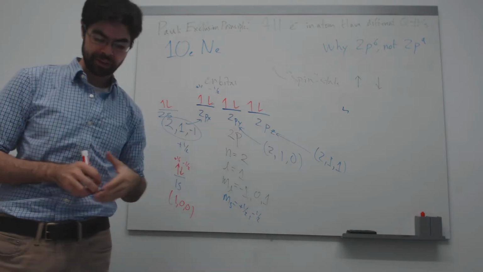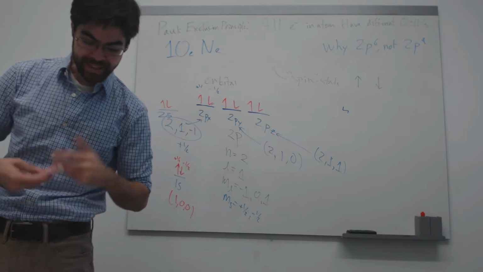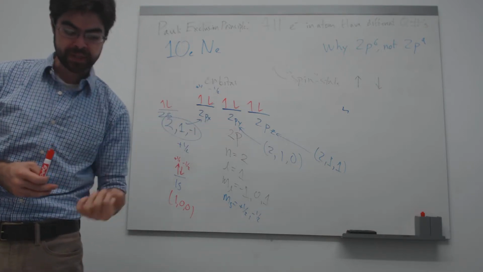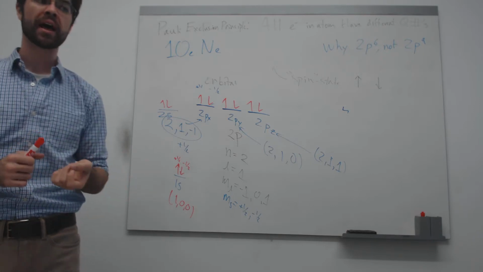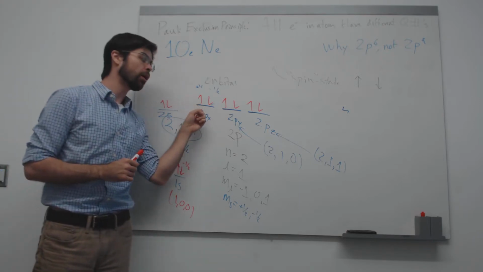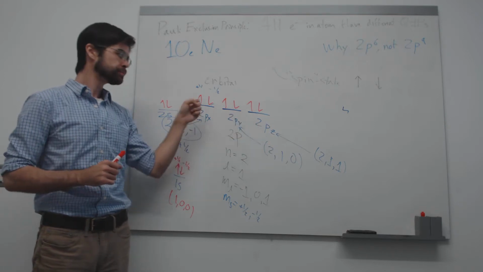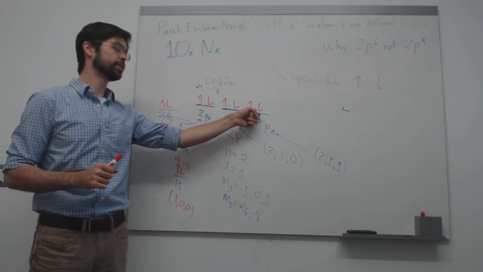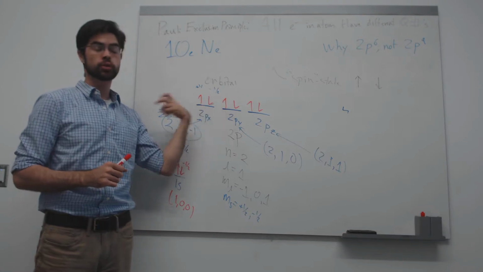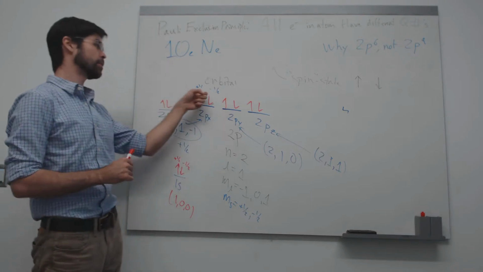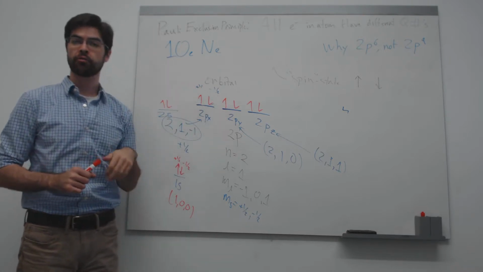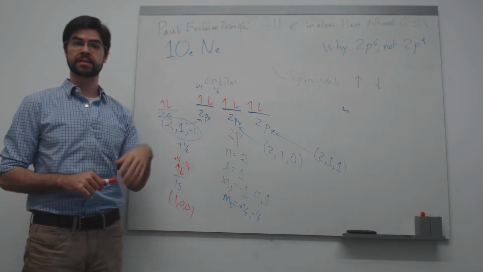And then the question is, why is it 2p6 and not 2p9? Well, there are only 3 2p orbitals, and each p orbital can fit 2 electrons, because again, there are 2 possible options for your spin state within a single orbital.